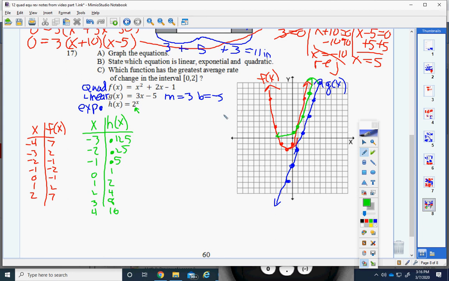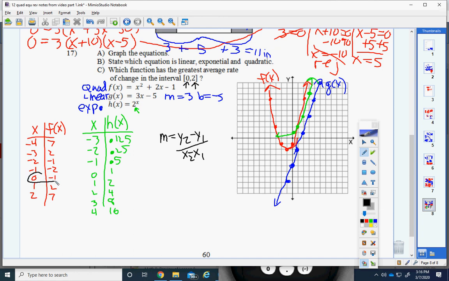And finally, I have to do the average rate of change. Remember, when I ask for the average rate of change, I'm really asking you for the slope between two numbers, between 2 points. If you have 2 points, you're going to use y2 minus y1 over x2 minus x1. I'm talking about the x value.